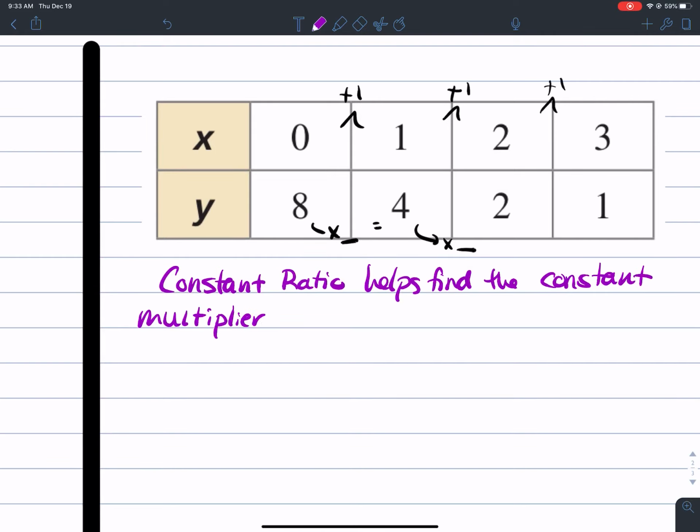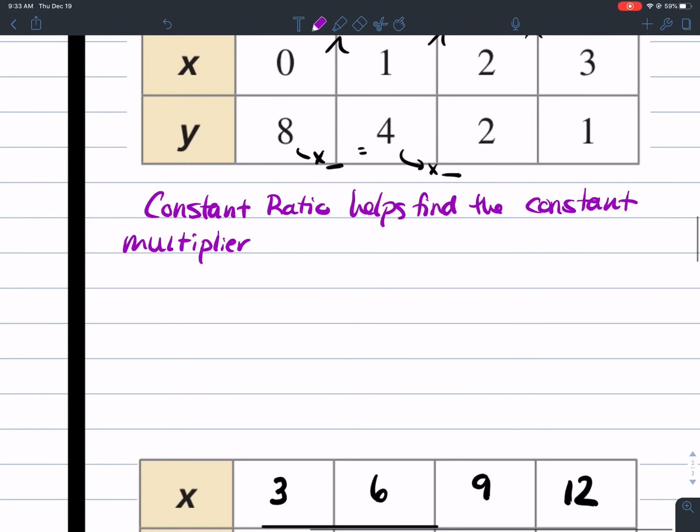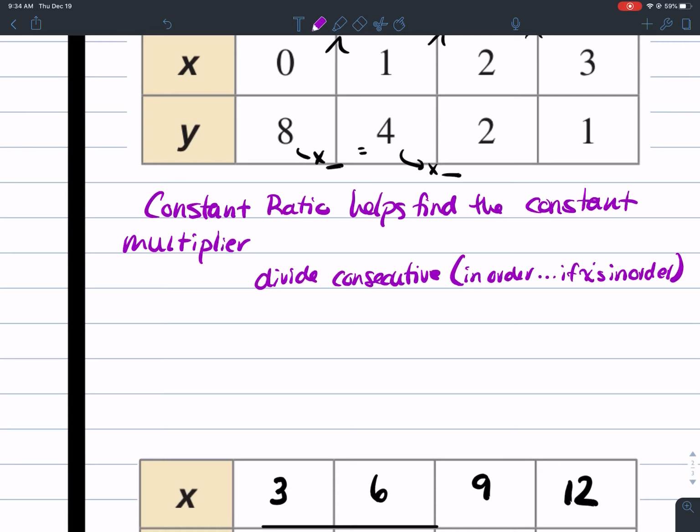So in the next few examples, we will see how that constant ratio isn't always the constant multiplier. But what the constant ratio is: we divide consecutive y values. Remember, consecutive means in order, and the x's need to be in order. So we divide consecutive y values and reduce.